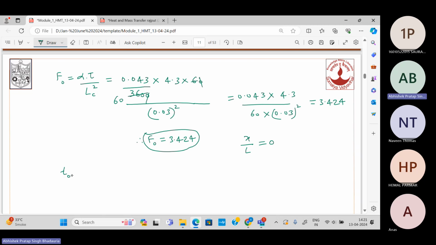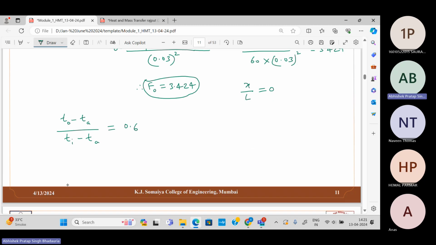So T naught minus Ta divided by Ti minus Ta, and the value we got is 0.6. We need to find the center line temperature, so we don't know T naught. Ta I know it is 50 and Ti is 440, and it is equal to 0.6.